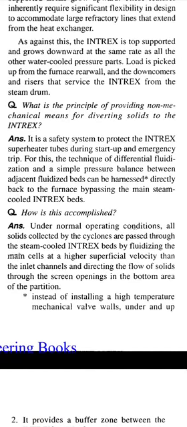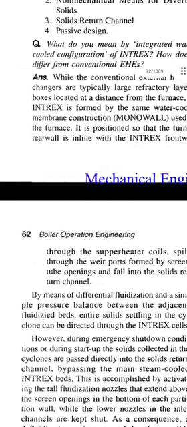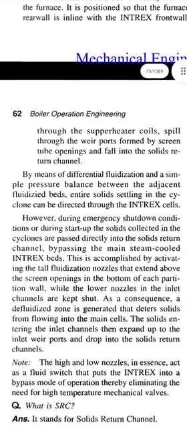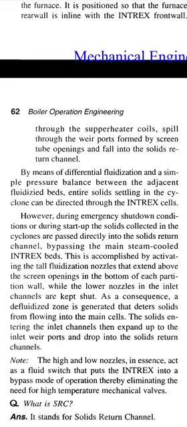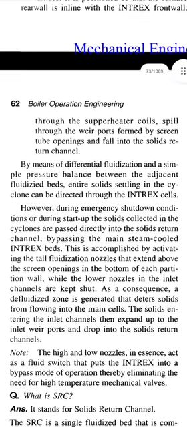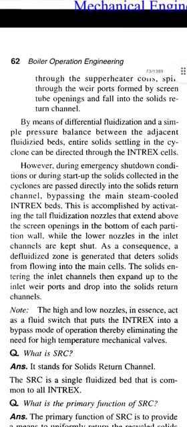Instead of installing high temperature mechanical valves, solids flow up through the superheater coils, spill through the wear ports formed by screen tube openings and fall into the solids return channel. By means of differential fluidization and simple pressure balance between the adjacent fluidized beds, entire solids settling in the cyclone can be directed to the intact cells.